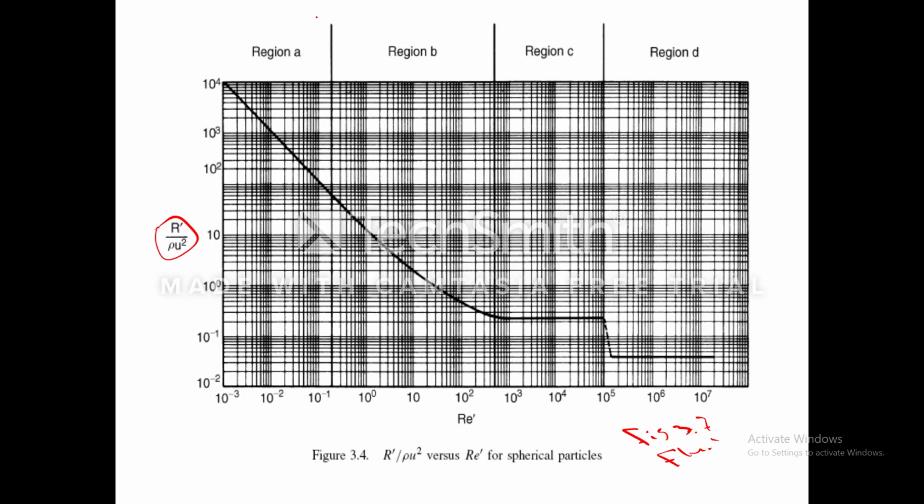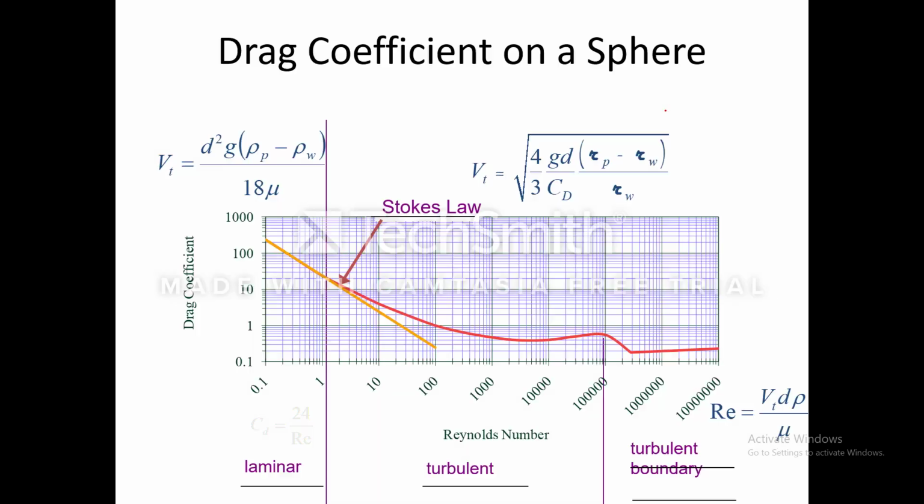So region A, region B, region C and region D. Here we are talking about a spherical particle, as we assumed. So the drag coefficient on a sphere; some references name the velocity Vt or Ut. You could write Ut or Vt.